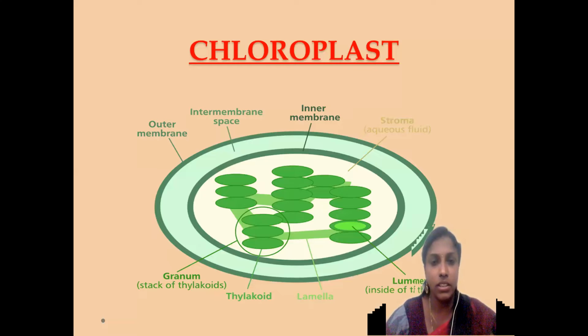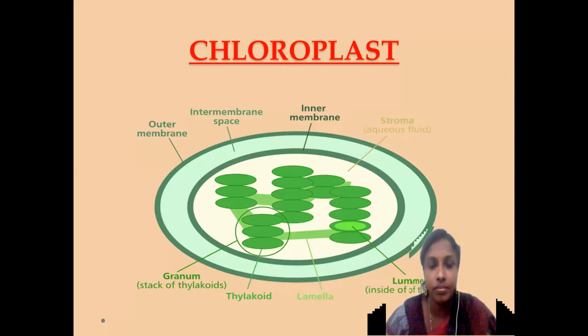In this chloroplast structure, the thylakoid plays an important role. The thylakoid, as we discussed already, is a plate-like structure. The thylakoids are the important parts which play an important role in the light-dependent reactions. On the thylakoids, we can see a group of pigments called photosystems.